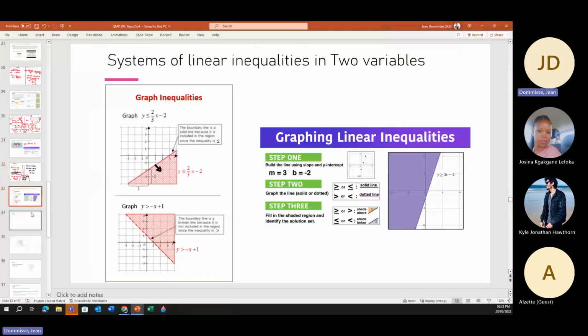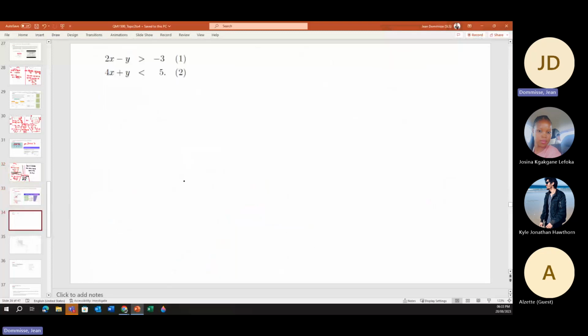Okay, so let's quickly look at a normal one where they would ask you to solve for x and y. For this one again, I looked at it and said, okay, easiest will be to say 1 plus 2. So linear equation 1 plus 2.